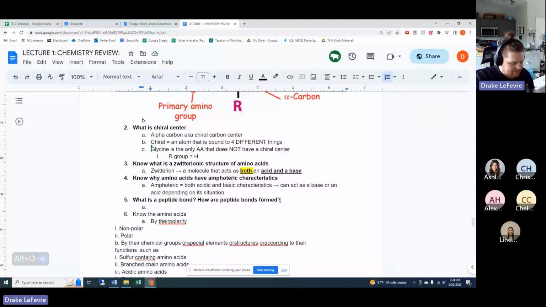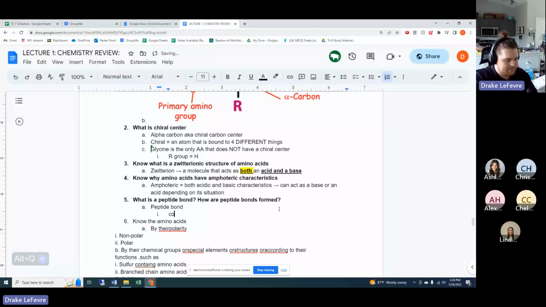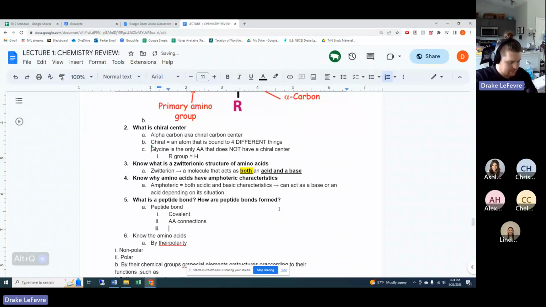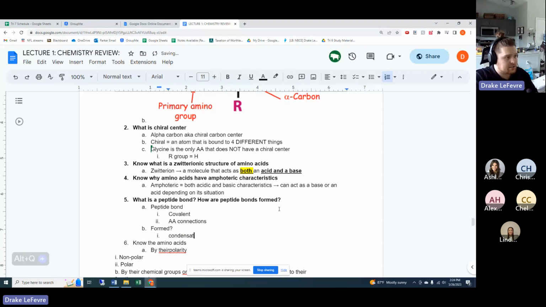Okay. A peptide bond. What is a peptide bond? Who can tell me the definition? A covalent bond. Okay, so it is a covalent bond. What else do we know about peptide bonds? They connect amino acids. Perfect. How are they formed? They're formed through condensation reactions.